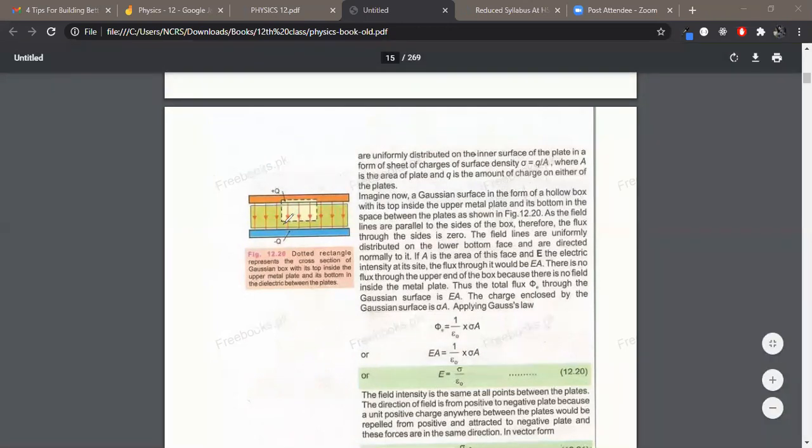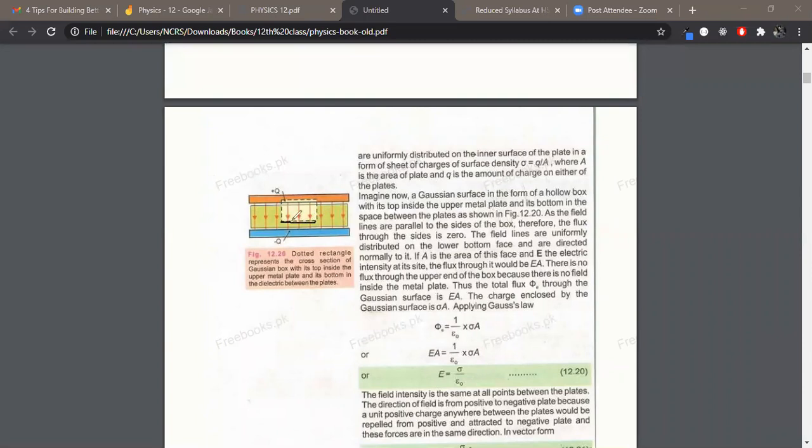As you can see, the bottom surface is perpendicular to the electric field. If I draw it right here, the electric field is downwards and the surface is perpendicular to the electric field. So the area vector of this surface will be perpendicular to it, along the direction of the electric field, which is downwards.